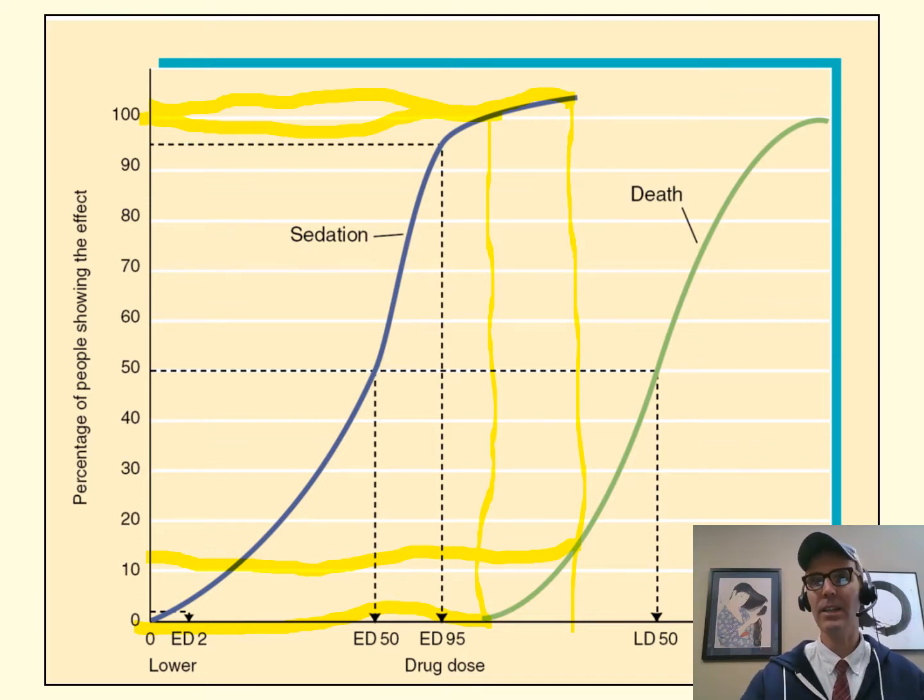This drug has a pretty wide margin of safety because at most doses on the effective dose curve, we're not really very high up on the lethal dose curve. That's probably a pretty good drug to use because it'll mostly do what it's supposed to and mostly not kill you. At least that's what we'd expect. Good margin of safety. Wide distance, literally, on the graph between these two curves. Man, all this highlighting is getting messy.